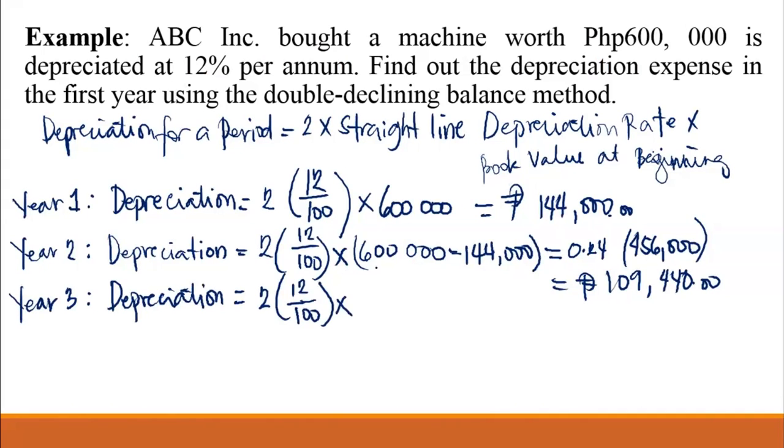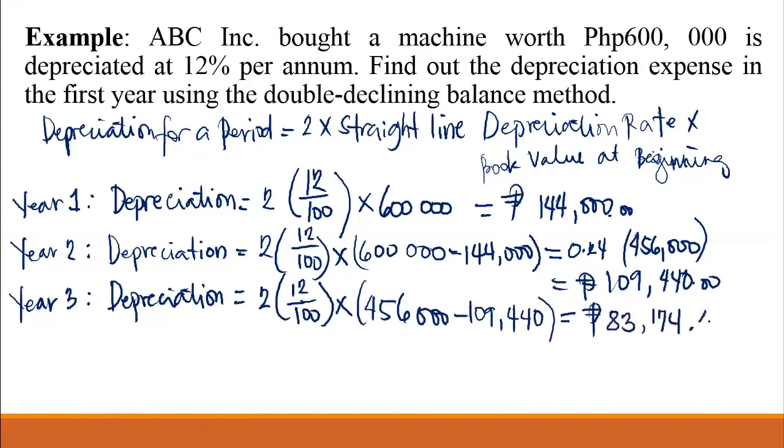So we have now 456,000 minus 109,440. Okay? So this is now equal to 83,174 pesos and 4 centavos.